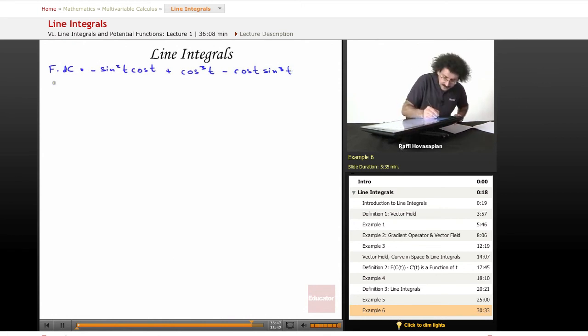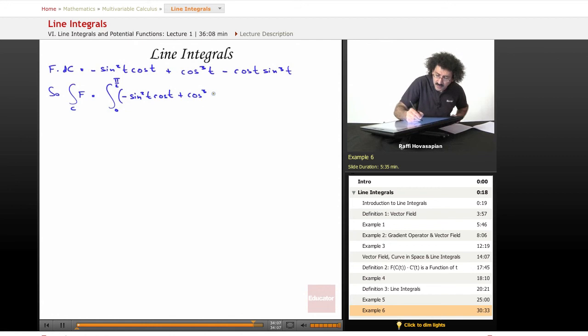So the integral of f along the particular path that we chose in the given interval is going to be the integral from 0 to pi over 2 of minus sine squared t cosine of t plus cosine cubed t minus cosine t sine cubed t dt.